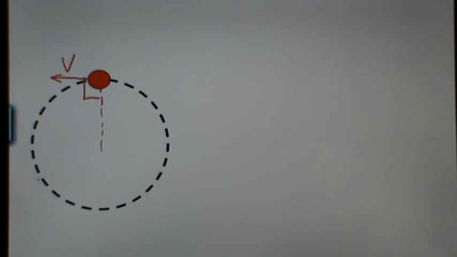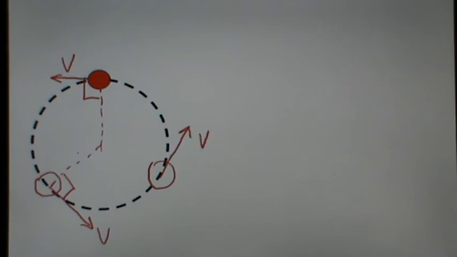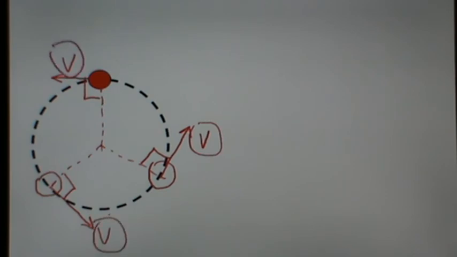So if the object is at this position, then the linear velocity v will go like this, and this is perpendicular. Also this one is perpendicular, and the value of the linear velocity v is the same. So this one and this one, they are the same.